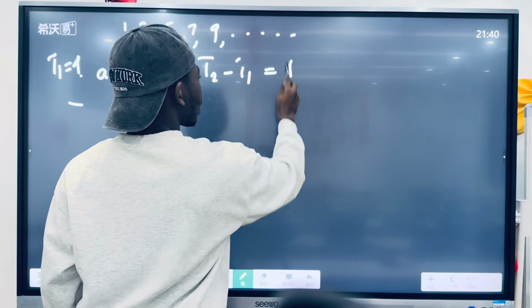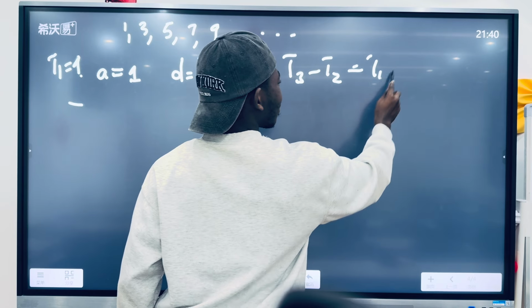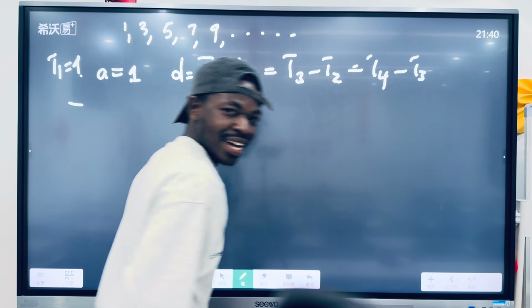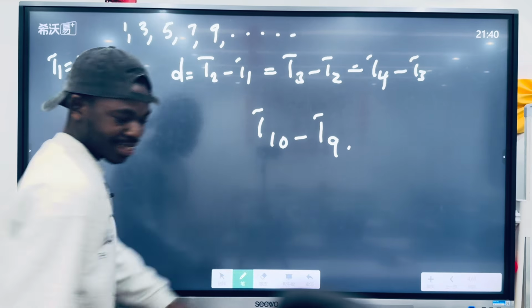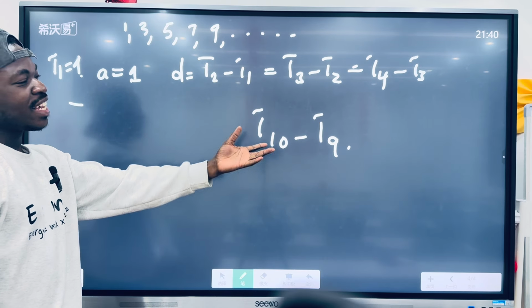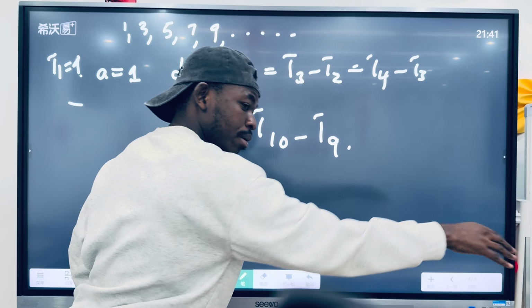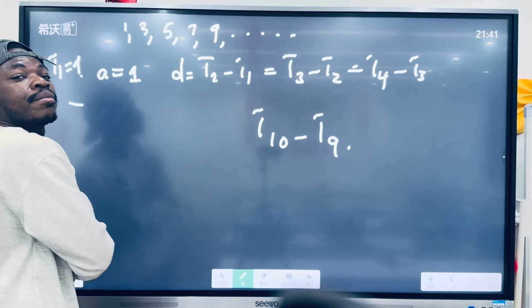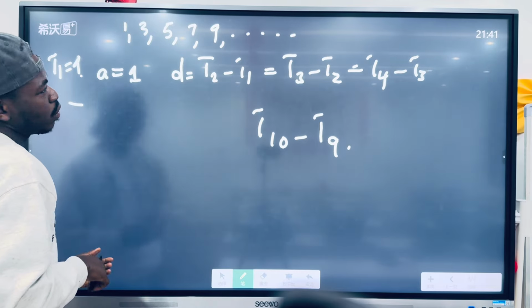Or you can say the third term minus the second. Or the fourth term minus the third. Or term number 10 minus term number 9. So what I mean here is to find the common difference, you get the next term minus the previous term. The next term minus just the previous term. That's how you find the common difference.